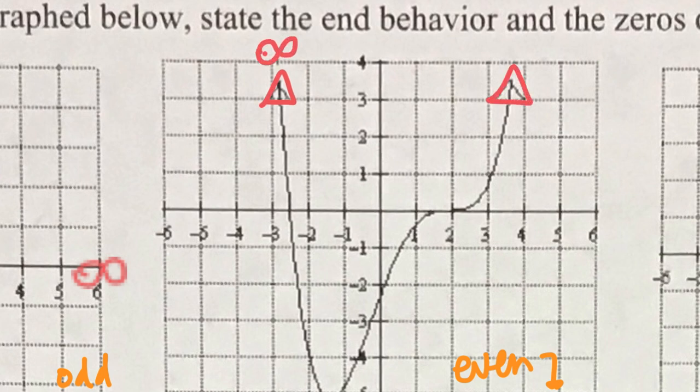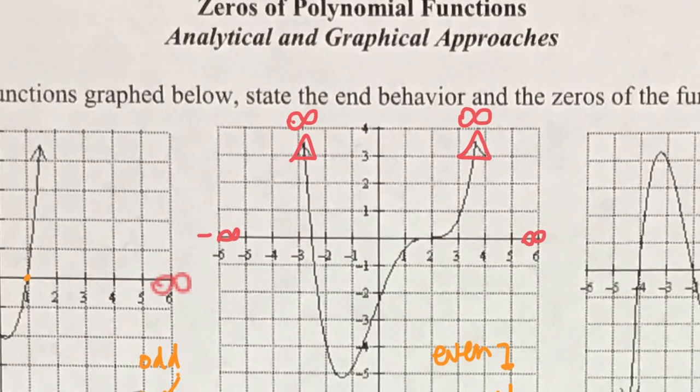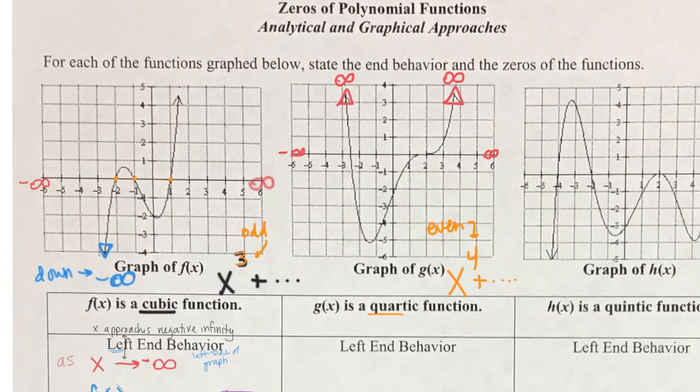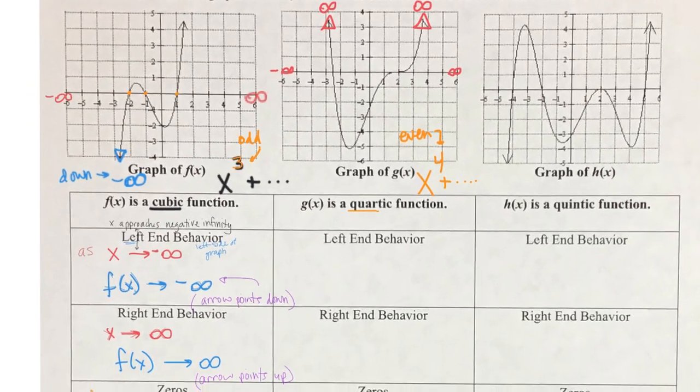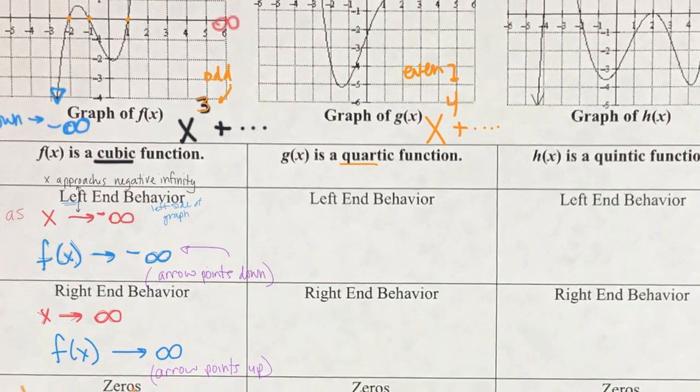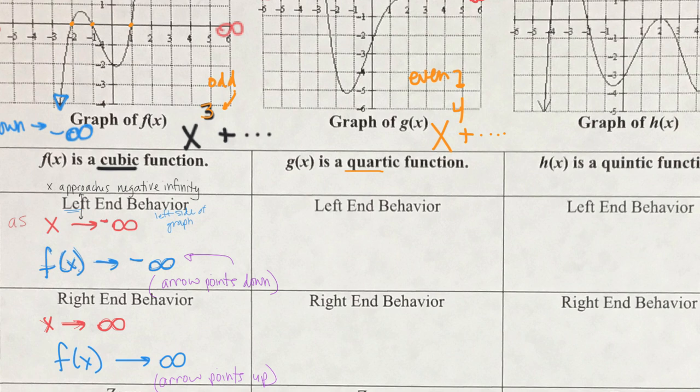This happens with all 4th degree polynomials as well as 2nd degree polynomials. All even polynomials always have the same end behavior. Both arrows either point up if it's positive, or both arrows point down if it's negative. That is a property of all even polynomials: their left and right hand behaviors are the same.